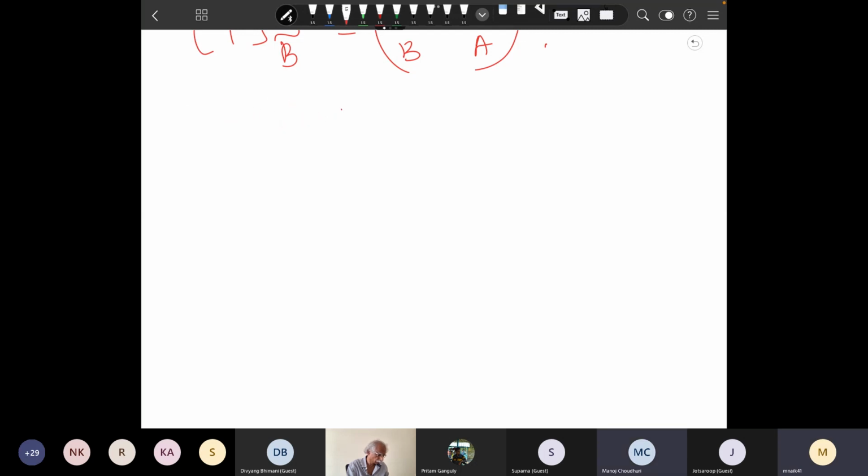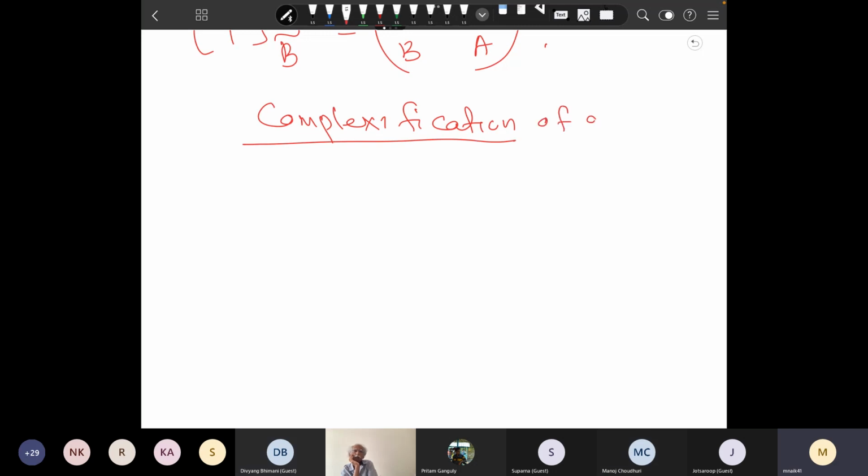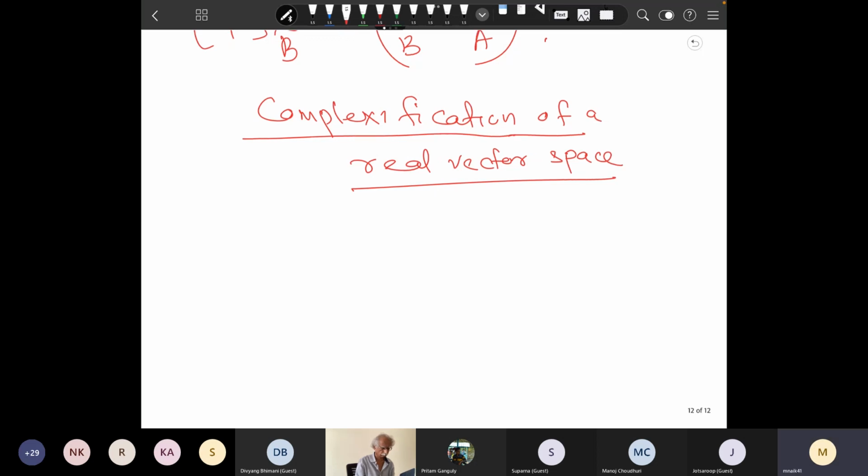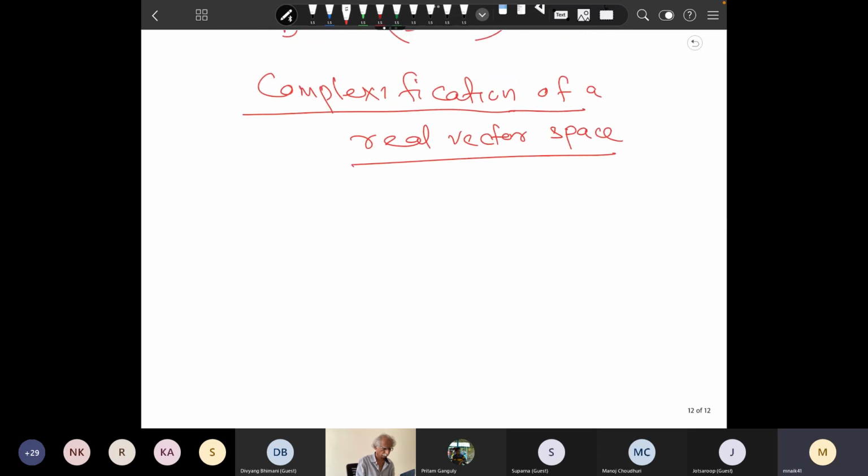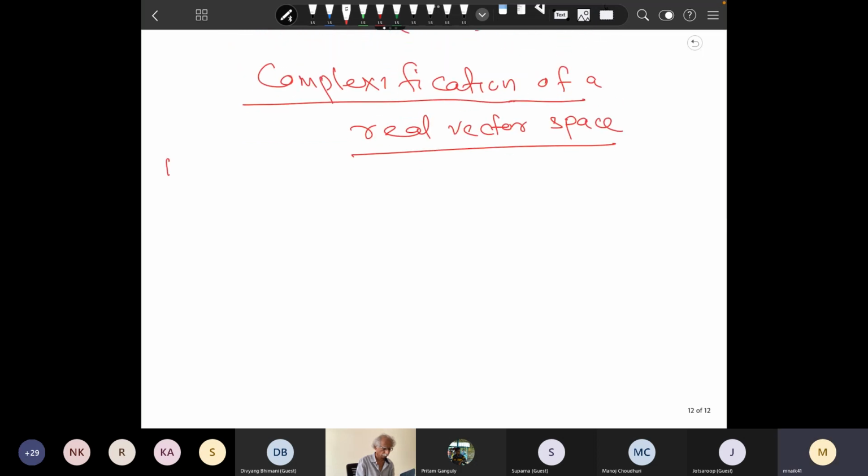So now I want to discuss some very important thing, the complexification of a real vector space. The previous example is a very important example, and I want to mimic the same construction in the abstract setup.